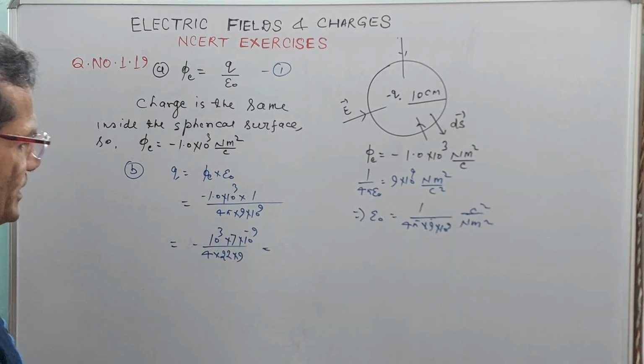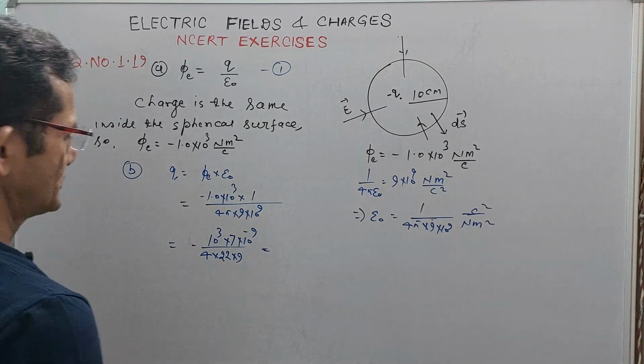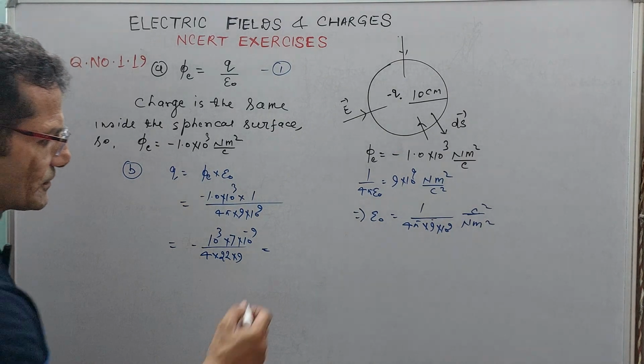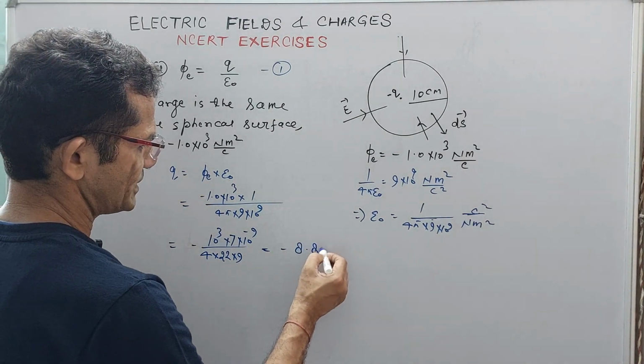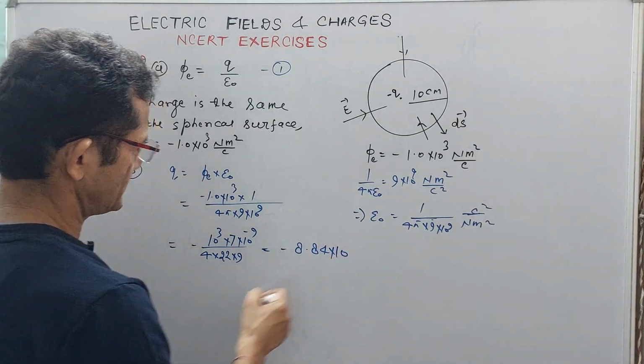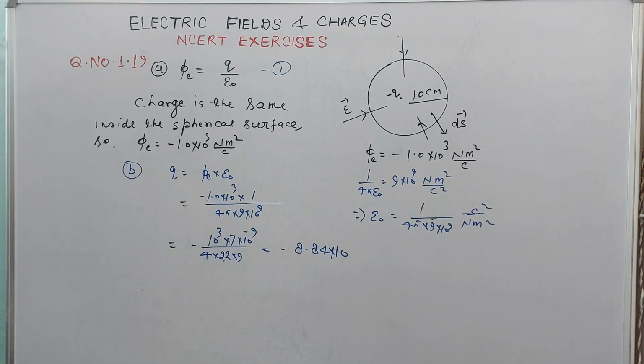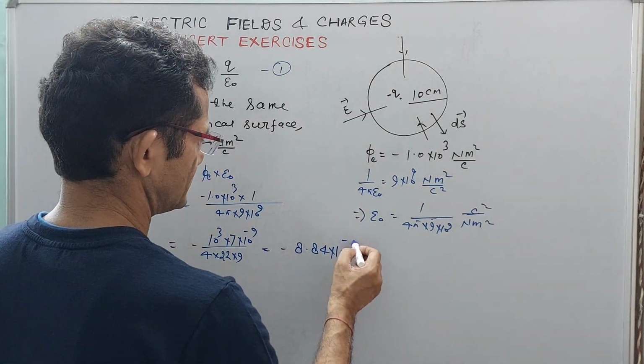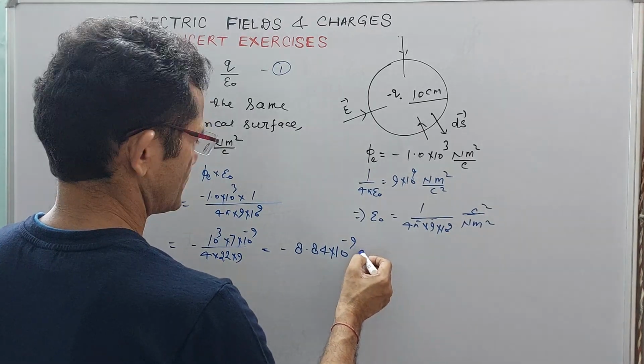Now after simplifying, the value comes out minus 8.84 into 10 raised to the power minus 9 coulomb.